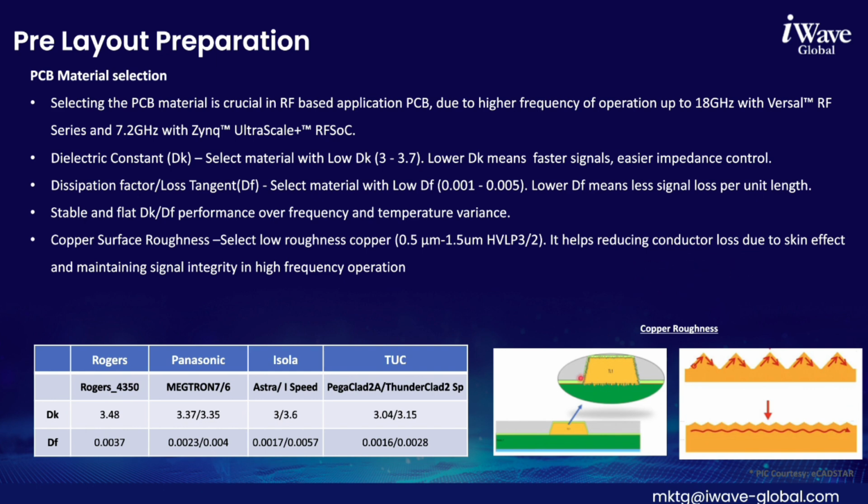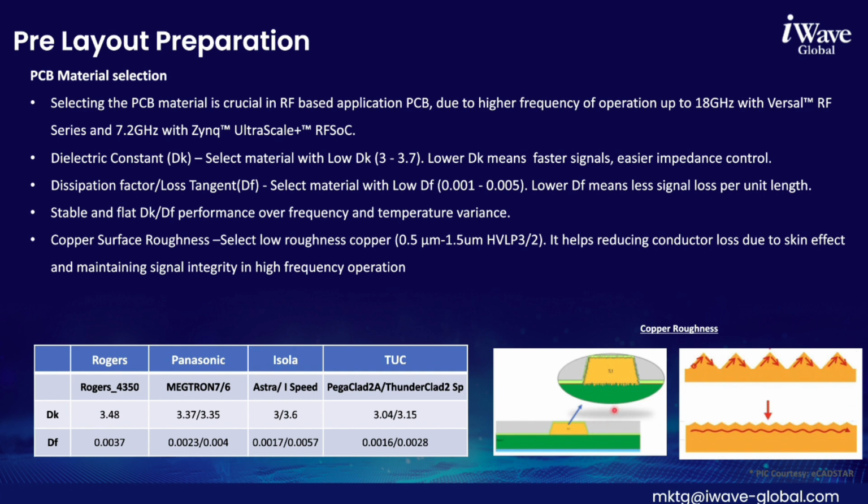When the copper is attached to the dielectric, it will have roughness, mostly because of the manufacturing bonding. Intentionally, the roughness is made. So when there is roughness and we use high frequency signals over the traces, usually the high frequency signals tend to transfer on the edges of the traces.